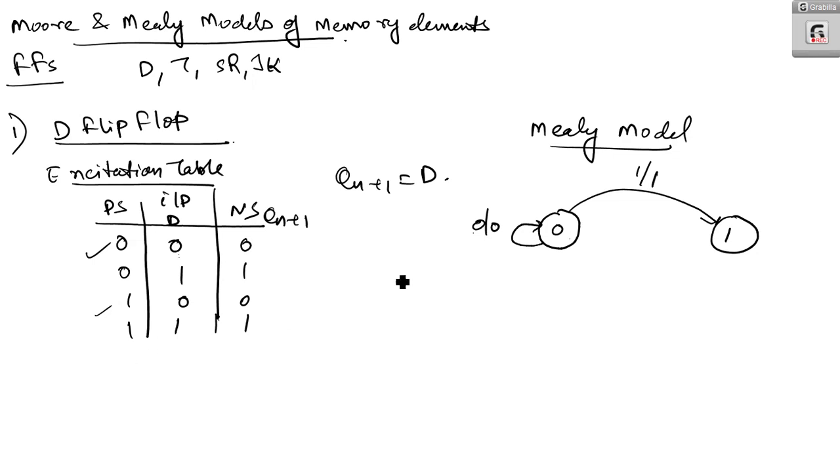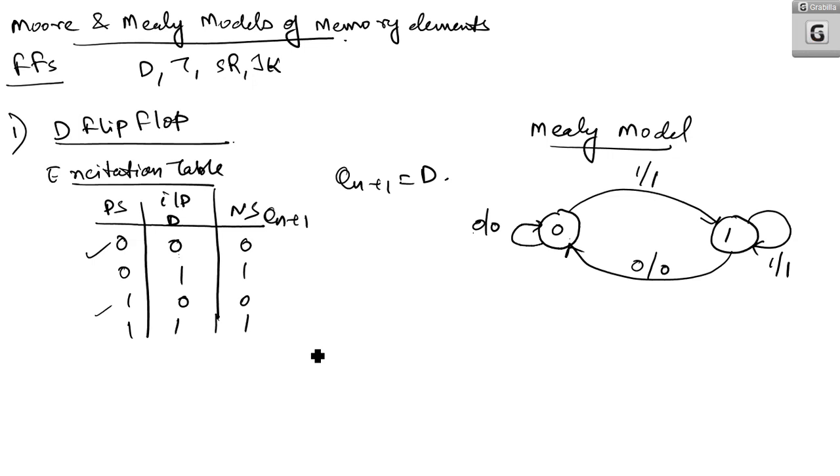Now at state 1, if the input is 0, it will come back to 0, and the output is 0. Whereas at 1, if the input is 1, the output is 1 and it will come back to that state itself. So here we have 1 bar 1. So that is the Mealy model.